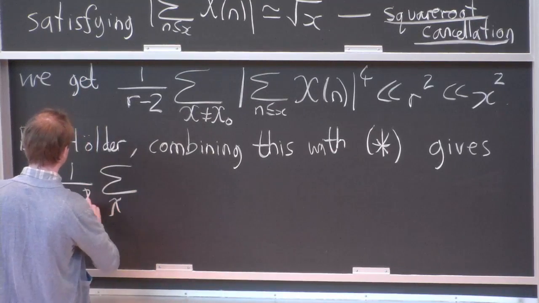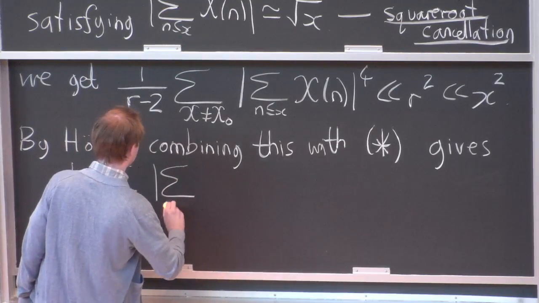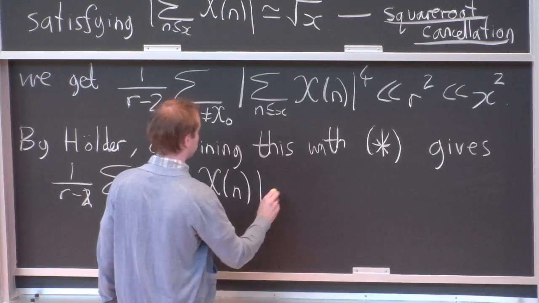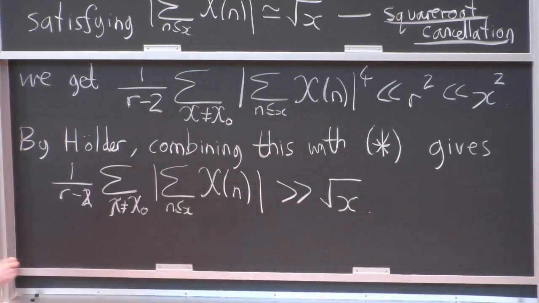Actually, I guess it gives a lower bound for this. So the sum over chi not equal to chi naught, absolute value, sum of chi of n is greater than root x.